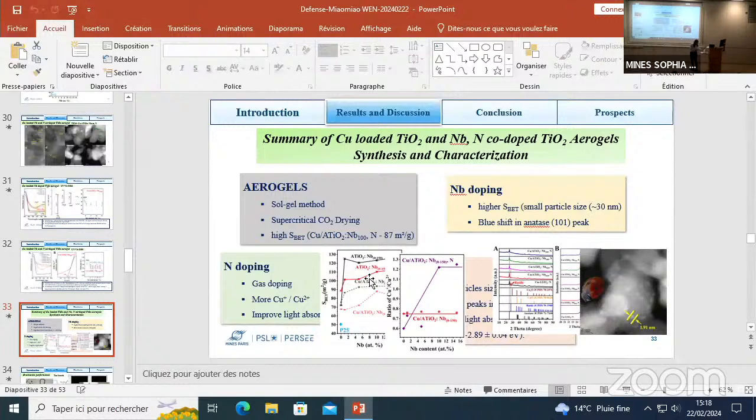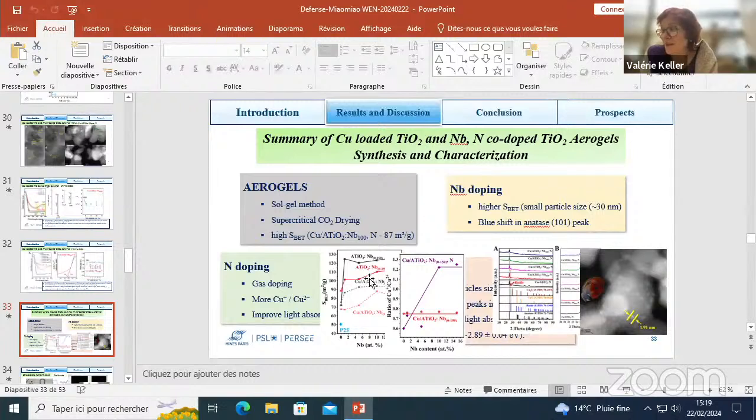But from our result, the average pore size is larger than 2 nanometers. But it's just the average pore size. There are still some really small pores, smaller than 2 nanometers, and these could be blocked by the copper oxide particles. That could be one of the reasons for the decrease of the SBET. Why not? Okay.